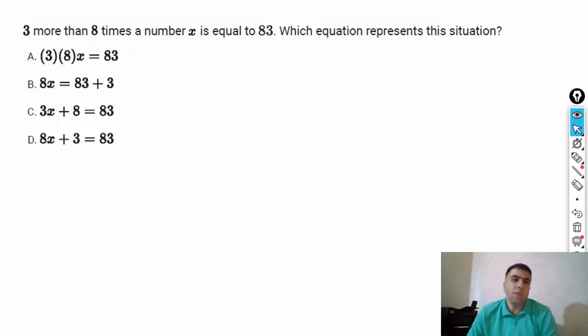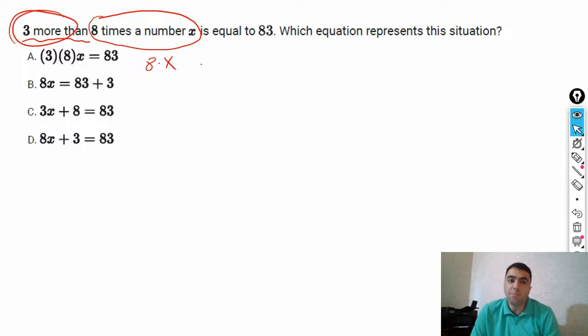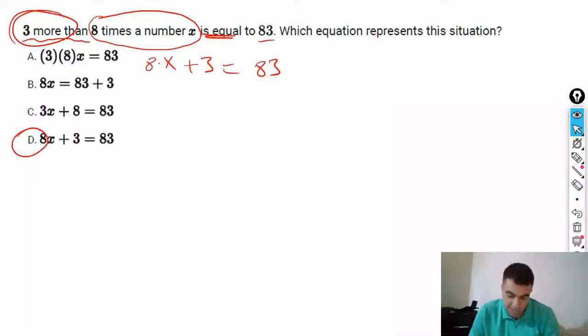Let's solve. 3 more than 8 times a number x. 8 times a number x means 8 times x, right? And 3 more means plus 3, is equal to means equal, and 83. This is D, guys. This is D. Mr. Farid, did you get it?